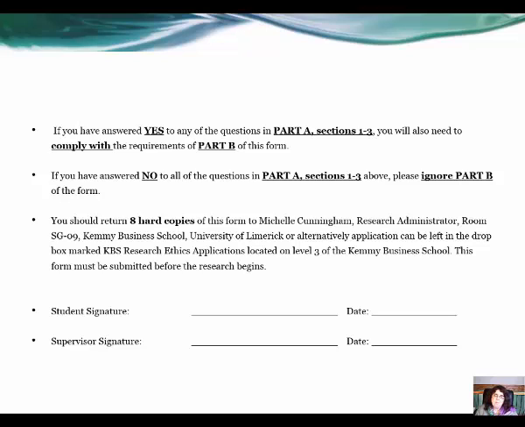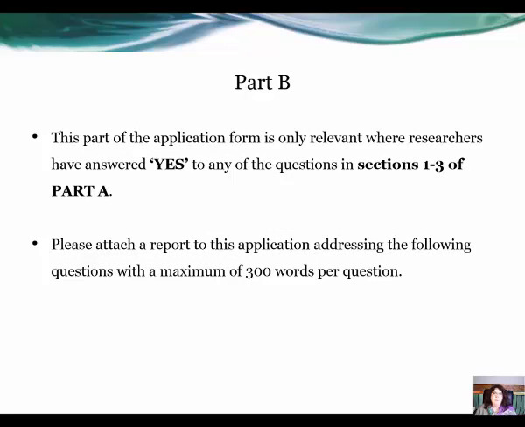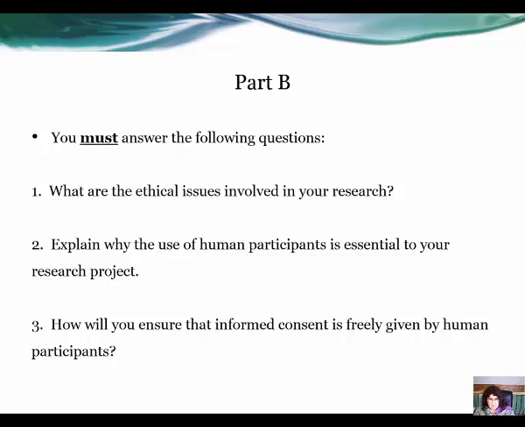So what is Part B of the Research Ethics form? Part B is basically a series of questions that asks you to expand on your ethical considerations. And there's a word count limit, and it's 300 words per question. So you must answer the following 3 questions if you've answered yes to sections 1 through to 3.